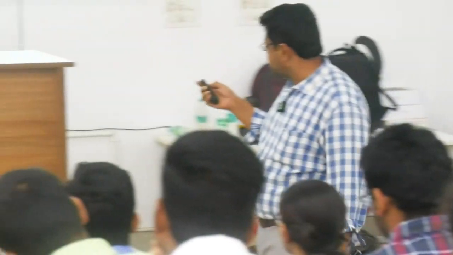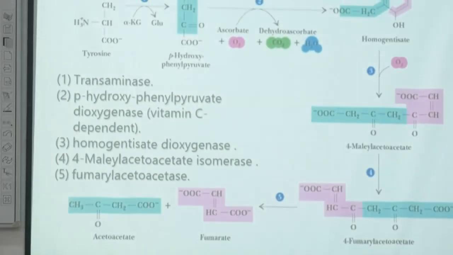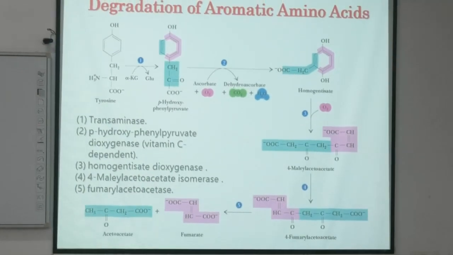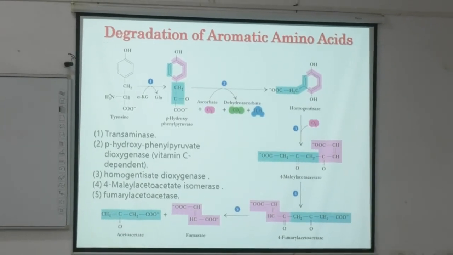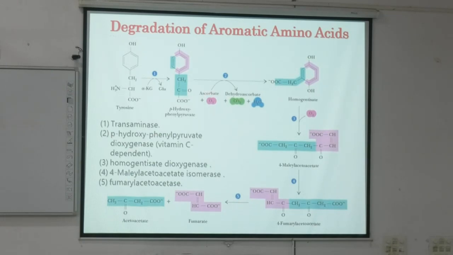Okay, so first is tyrosine. Then you have tyrosine transaminase, alpha ketoglutarate to glutamate. Okay? And then you have lost the ammonia group that is present over here. The ammonium group is gone.